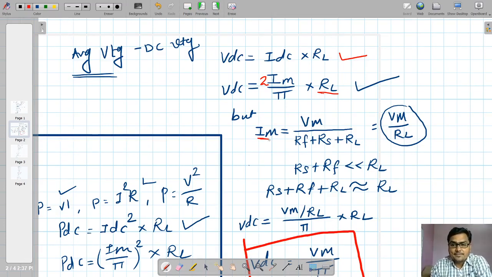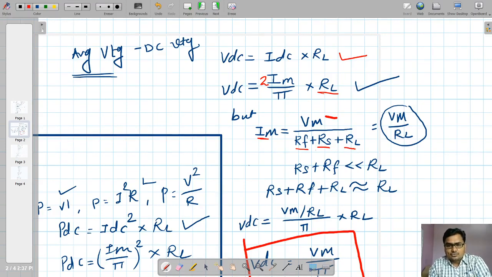So Im is equal to Vm divided by Rf plus Rs plus RL. Now what is Rf? It is the forward resistance offered by the diode in forward bias. Rs is the resistance offered by the secondary winding of the transformer, and RL is the load resistance.